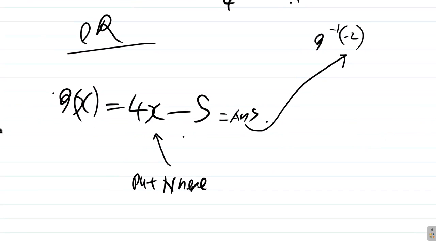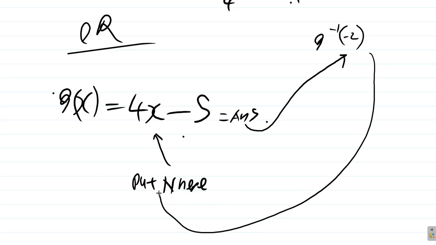Alright. Now back to what I said. You put a number here for x. You get an answer. If you put that answer into the inverse, you're going to get back that same number. Now what is that number?